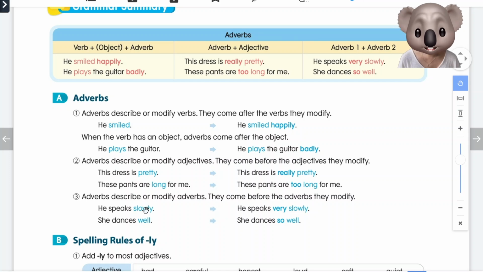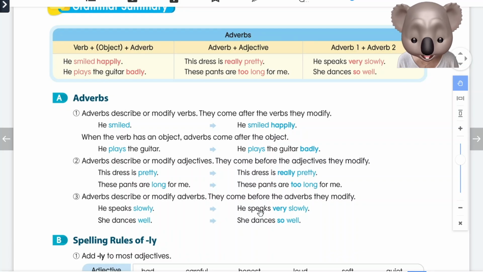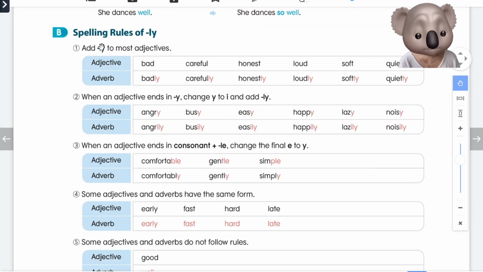If we want to add another adverb to tell 얼마나 천천히 얘기를 하는지, he speaks very slowly. Or she dances well. 춤을 잘 춘다. Our adverb is well. 얼마나 잘 칠까? She dances so well.